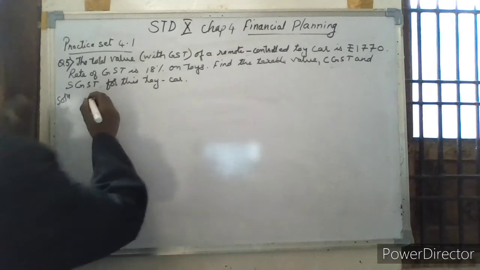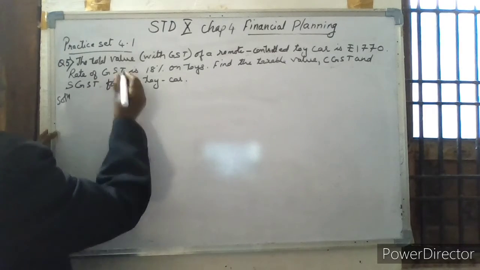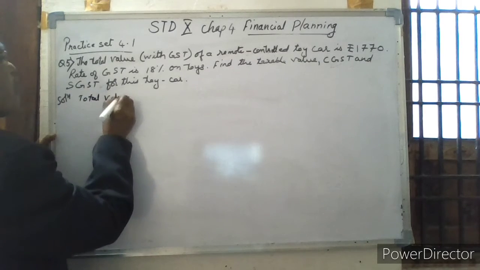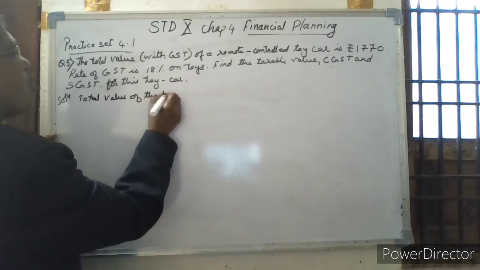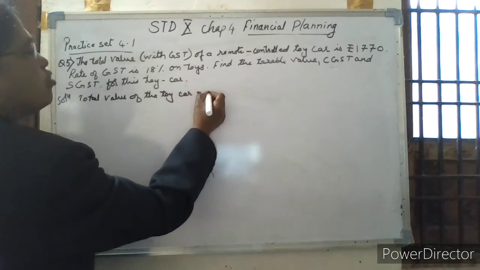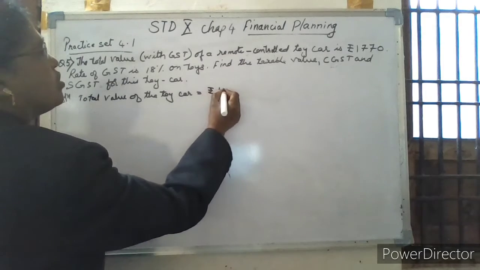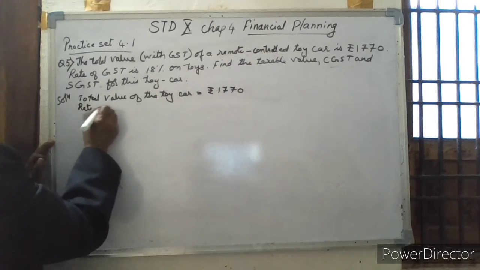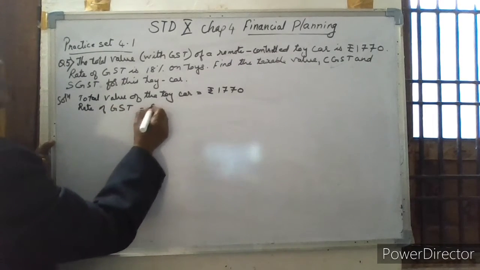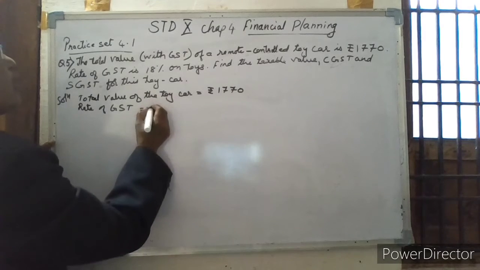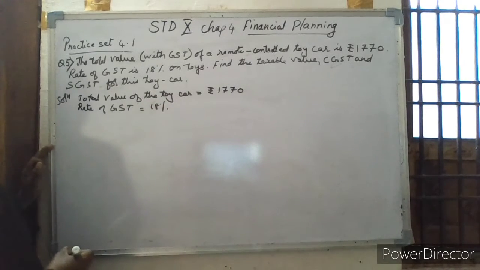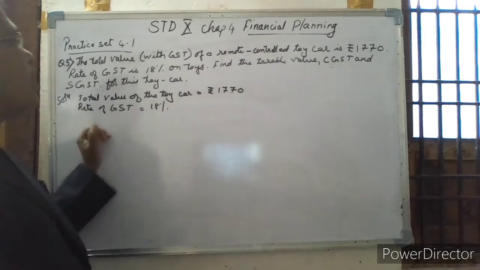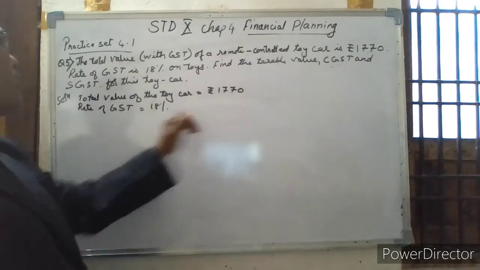So let us take what is given. That is total value is given. Total value of the toy car is equal to rupees 1770. Rate of GST is equal to 18%. That means if GST is 18% means if GST is rupees 18, then the taxable value is 100.